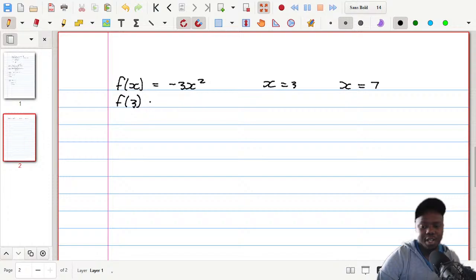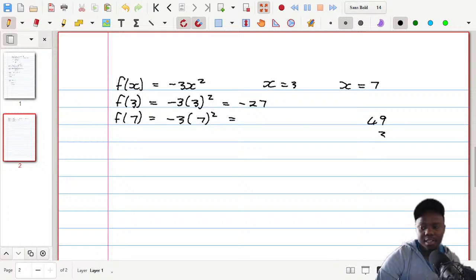Now f of 3 is going to be, let's substitute x equals 3 into our original equation so that we can get the corresponding y value, that's negative 27. Now let's take x equals 7 and substitute it. This will give us negative 3 into 7 squared. Now 7 squared, that's going to give you 49. Let's just check 49 times 3.